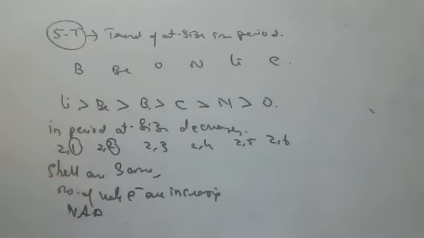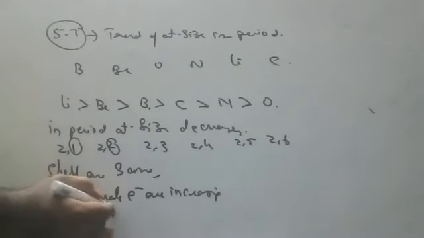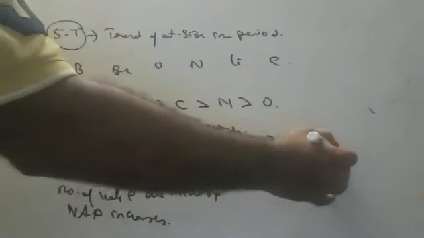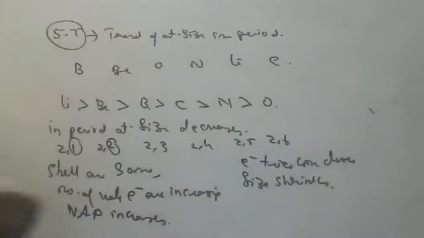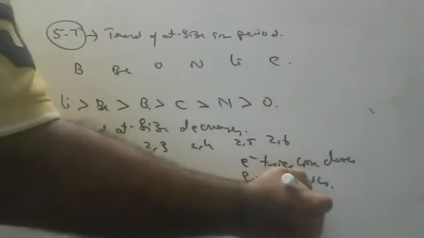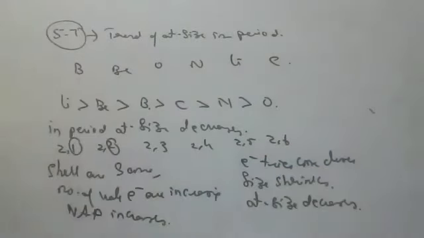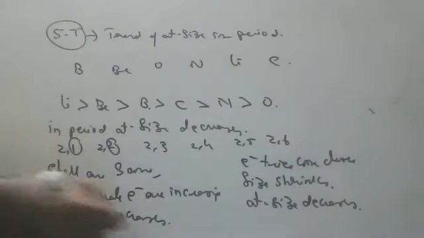Nuclear attraction power increases. Don't write in short form. Electrons try to come closer because the nucleus will attract them. When electrons come closer, size shrinks, and on the whole atomic size decreases along a period, from left to right.